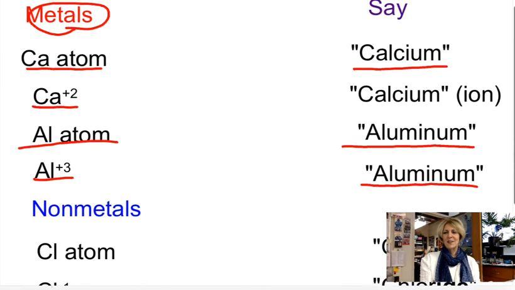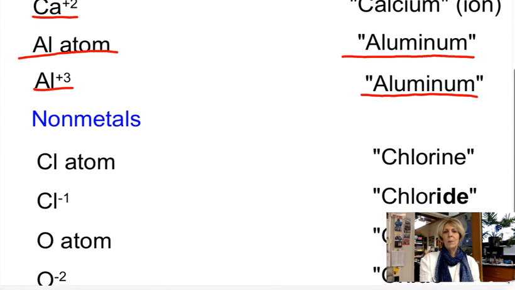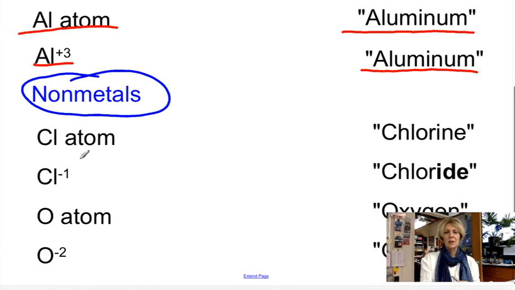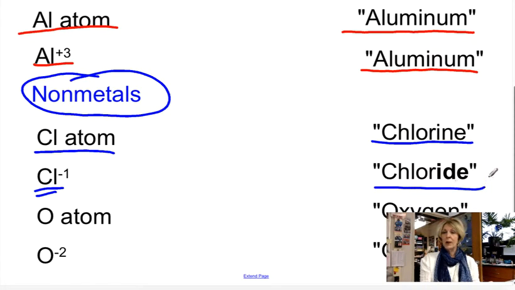But here's the difference. If you are looking at non-metals, I'll change color here. If you're looking at non-metals, it's a little different. If you see a plain chlorine atom, you say chlorine. But if you see that it is a chlorine that has gained an electron, it is now an ion, and I don't call it chlorine, I call it chloride.